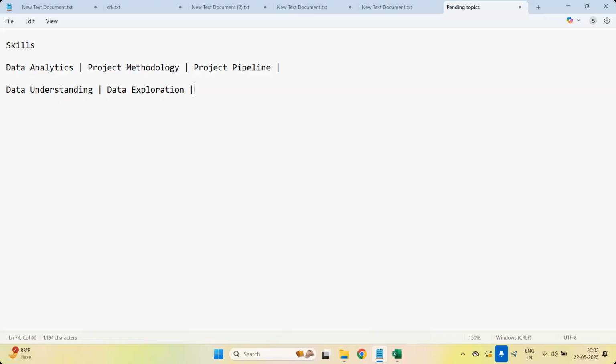Multiple skills we have to mention. Keep the heading as skills and fill in all the skills. Now, after filling these, what other skills are there? Very simple: data understanding, data exploration, followed by data cleaning.